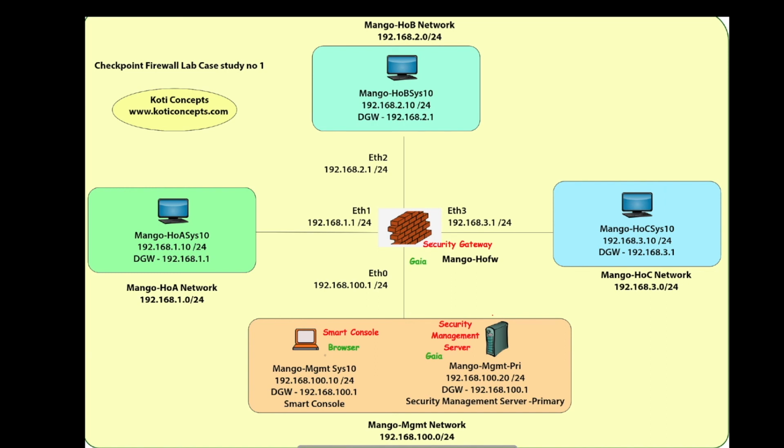We have seen how to install the Gaia OS, how to give IP addresses to NIC cards in the Gaia OS, how to install the applications like Smart Console, Security Management Server and Security Gateway, how to create objects for the Security Gateway in the Management Server, how to enable SIC between the Management Server and the Security Gateway, and then how to start giving the policies to the Security Gateway using the Management Server.